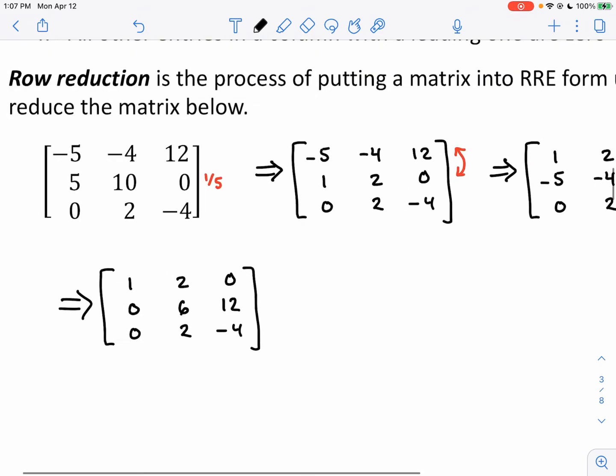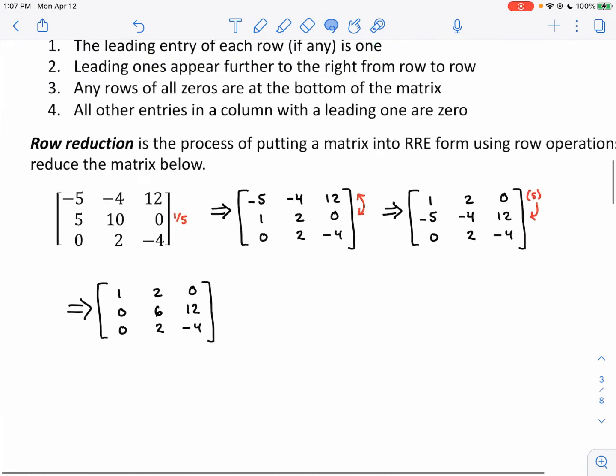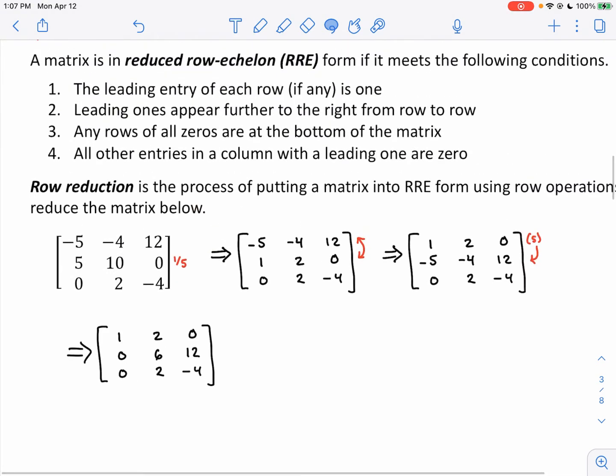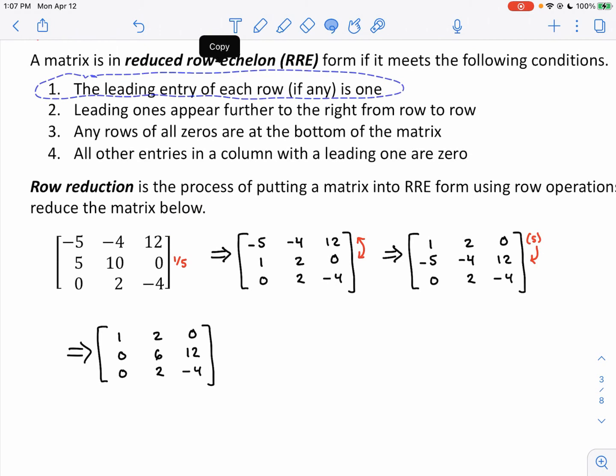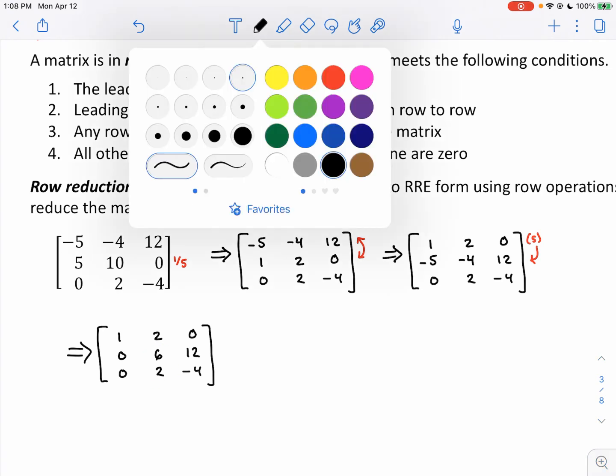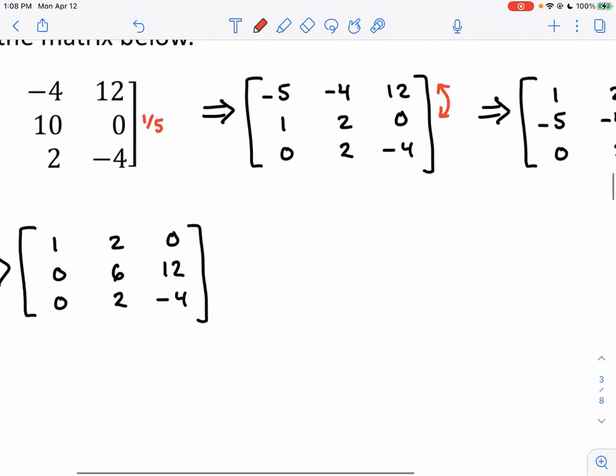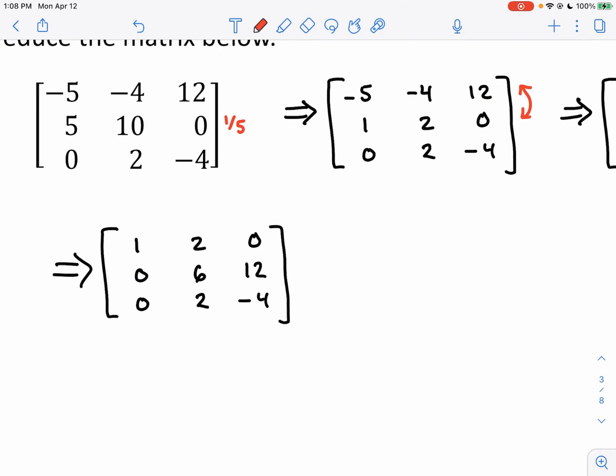Okay, so we've met the first and fourth conditions so far, well, at least concerning the first row. Notice that in the second row the leading entry is 6, and in the third row the leading entry is 2. Now I could make both of these 1 rather easily right away by doing a row operation of multiplying a row by a non-zero scalar.